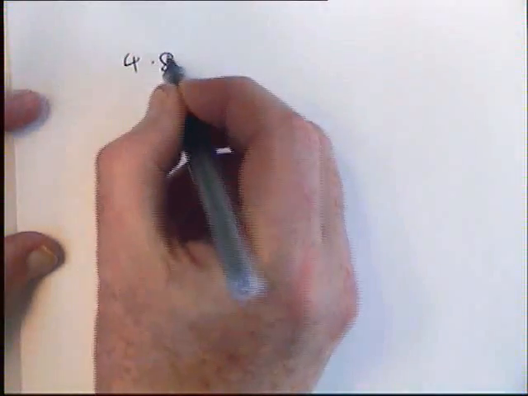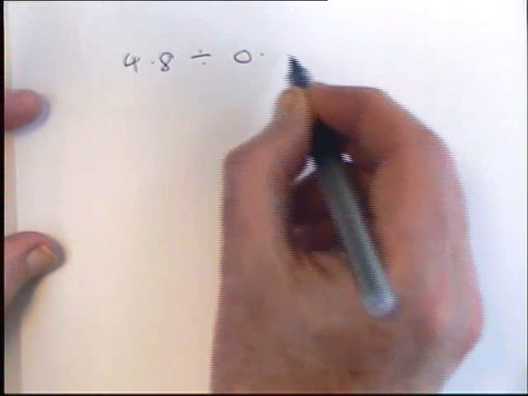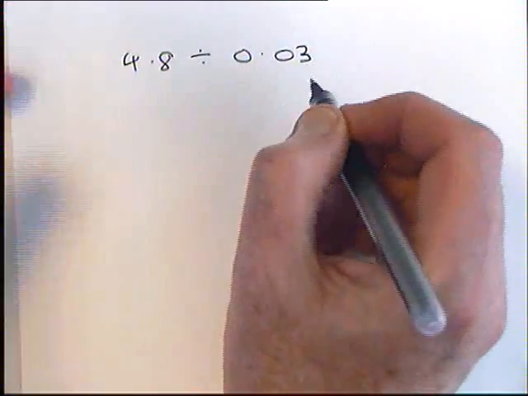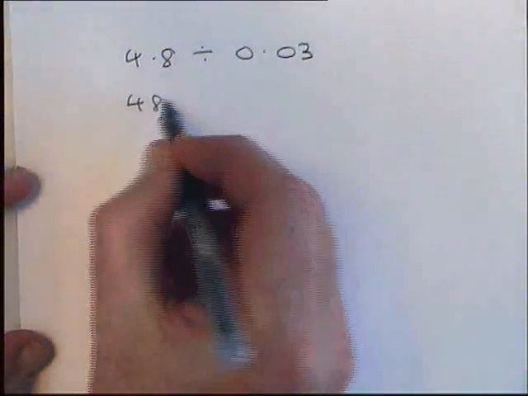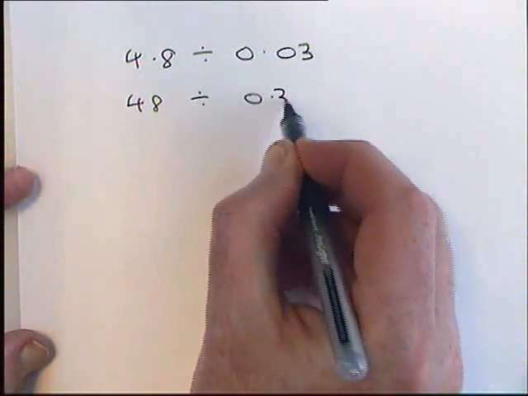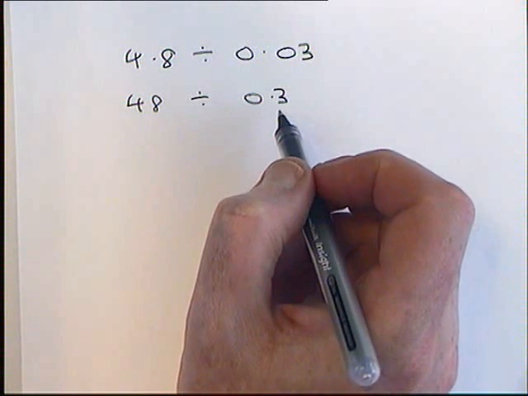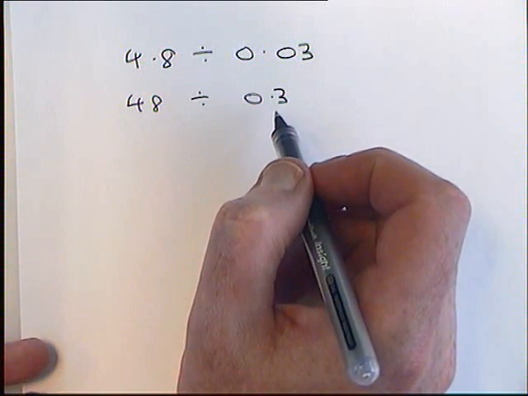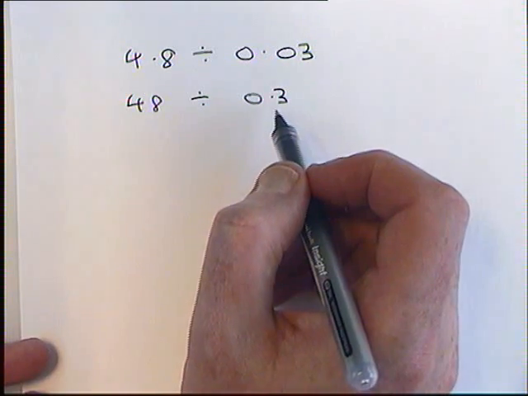If you were doing a dividing, such as this one here, 4.8 divided by 0.03, you would times them both by 10 to start with. But you would find here that that is not yet a whole number. So we would have to times by 10 again.